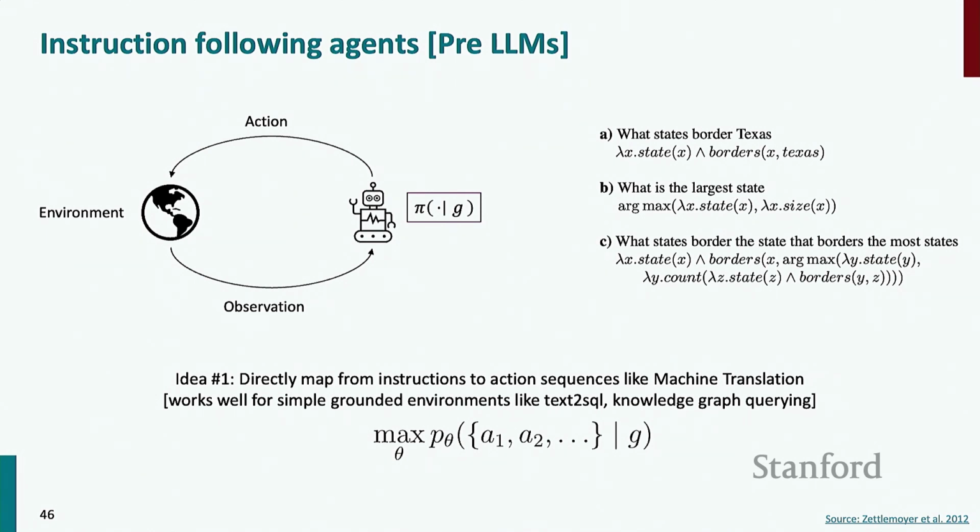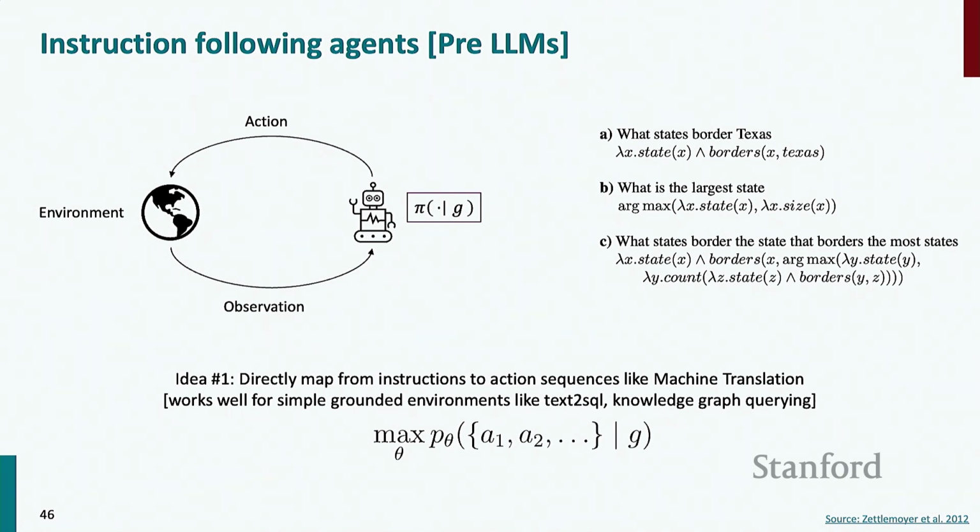Logical forms could be some kind of executable representation that you could just execute against either a knowledge graph or a database to get an answer. So maybe you have a query like, what state borders Texas? And then there exists some program description that you could execute against a knowledge graph to get an answer, or a list here.